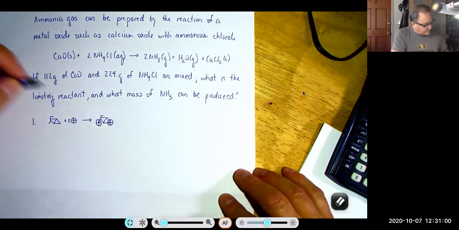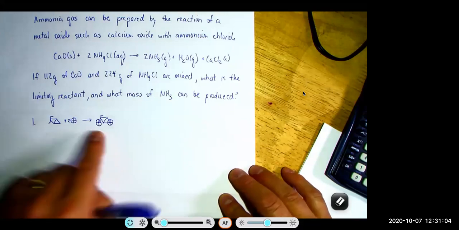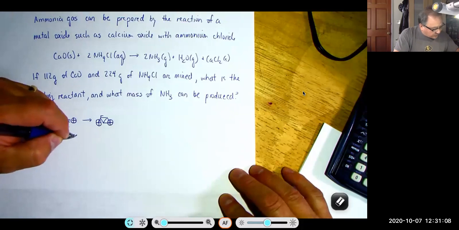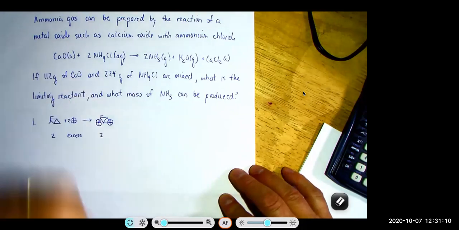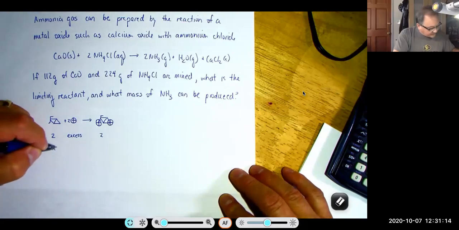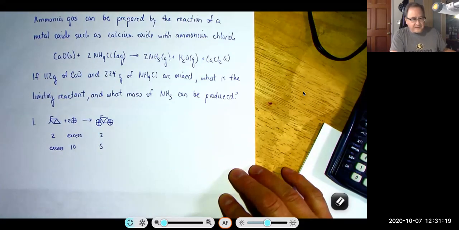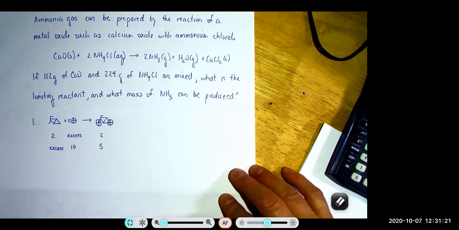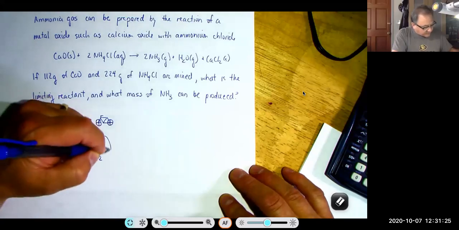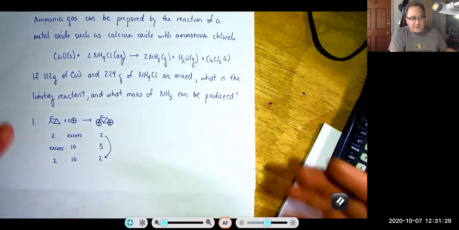Imagine we have 2 frames and excess wheels: we make 2 bikes. If we have excess frames and 10 wheels, we make 5 bikes. Now, if we have 2 and 10, we make 2 because it's the lower of the 2. We run out of frames first, right?